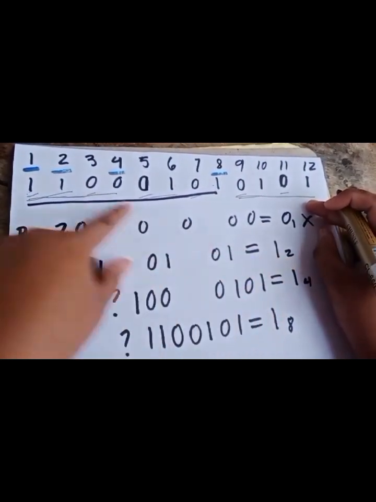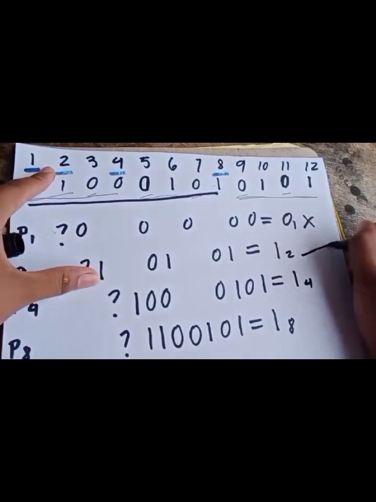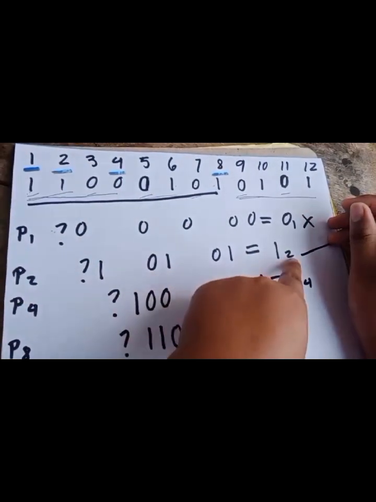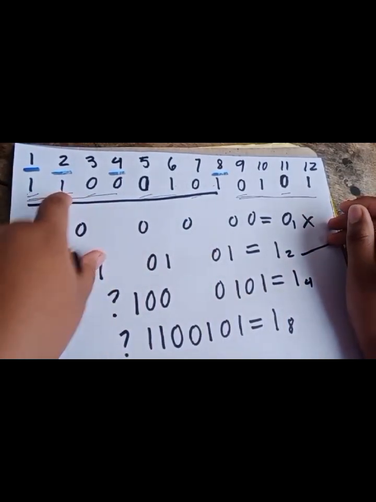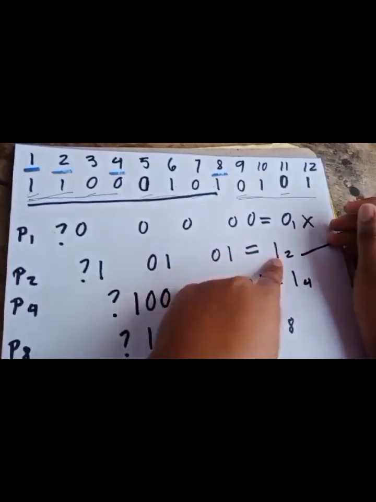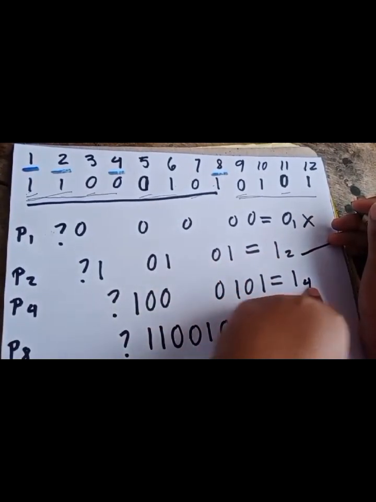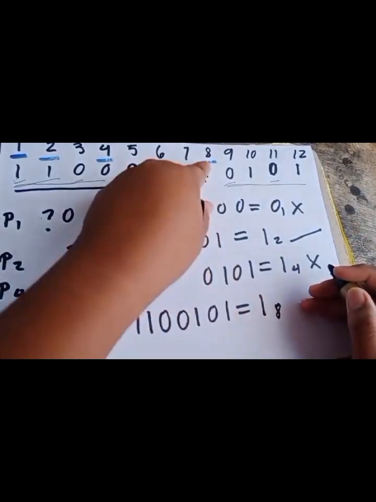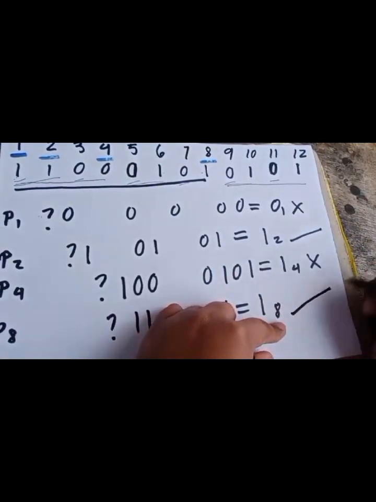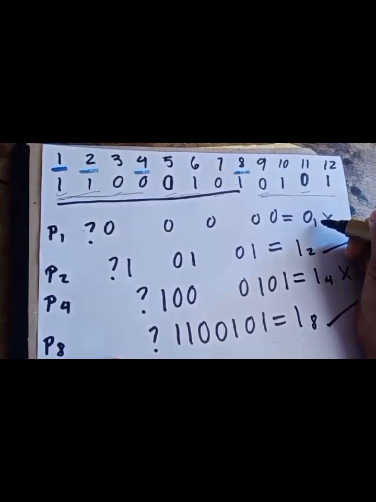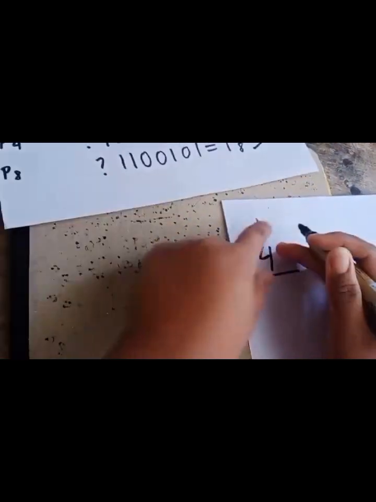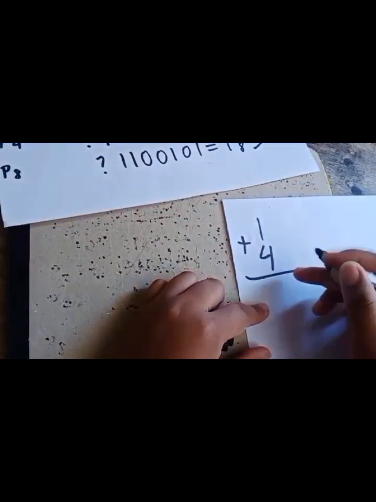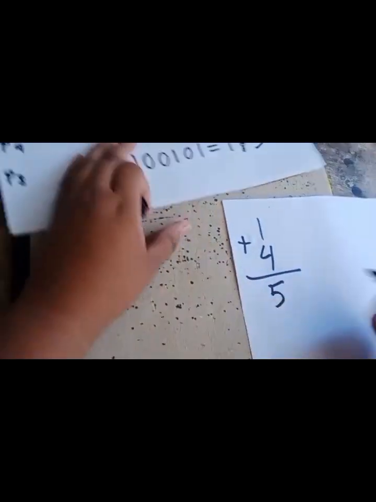Number 2 is correct because the bit here is the same as this, and number 4 is wrong, and number 8 is checked. Let's copy this 1 and 4 here and add them together to make 5.